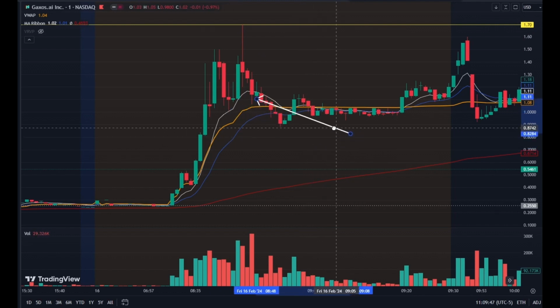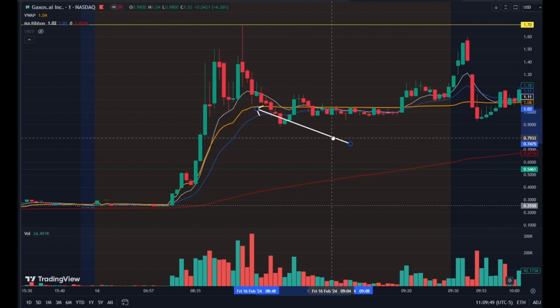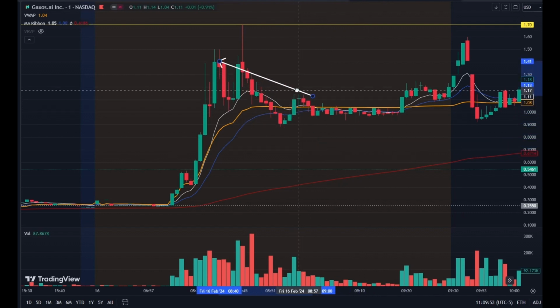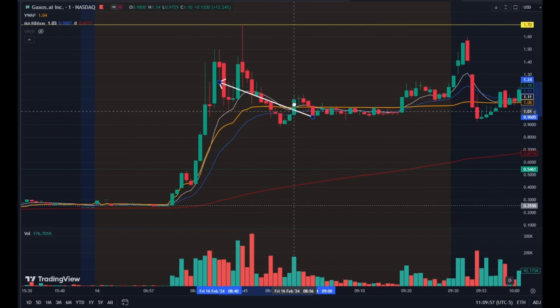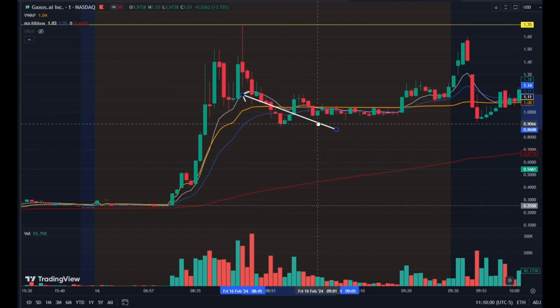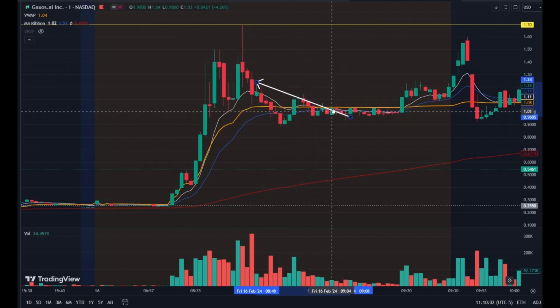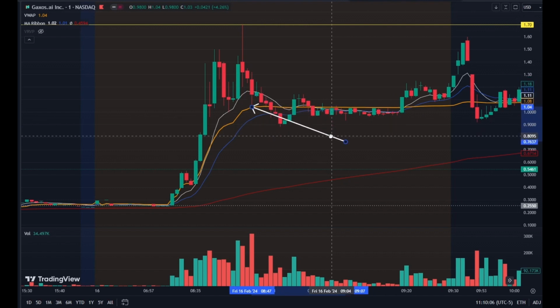Okay. Now the other dip I like is off of VWAP. As you can see, this is a stock that has volume, that has a lot of eyes on it. It's holding its $1 level, moves back up, rejection, and it crosses 9 EMA, but it does dip to VWAP, just a cent above VWAP, and it pops back up.